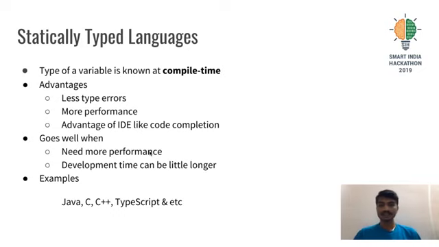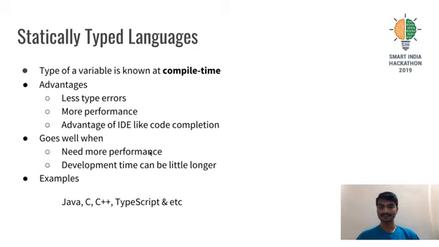So what are the advantages of statically typed languages? It gives you fewer type errors at runtime, because during compile time or development time itself, you know what kind of data is going to be in a particular variable. So the IDE will be more intelligent in giving you feedback on errors you're going to get at compile time.